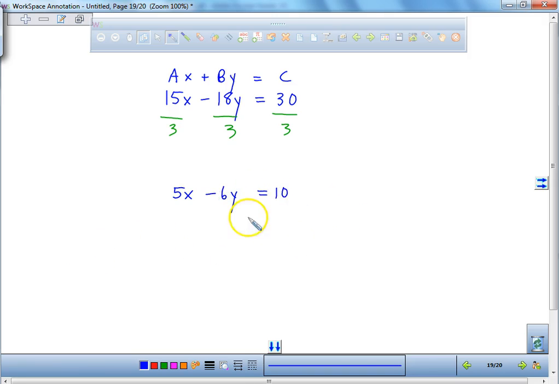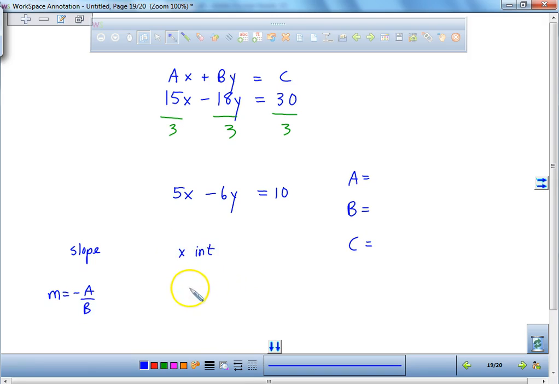What we're going to do right now is I want to see you guys identify your a, your b, your c, and I want you to find the slope. Remember, your slope is negative a over b. I want you to find your x-intercept.